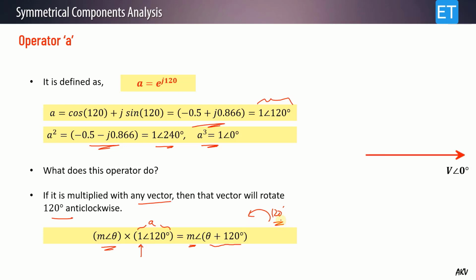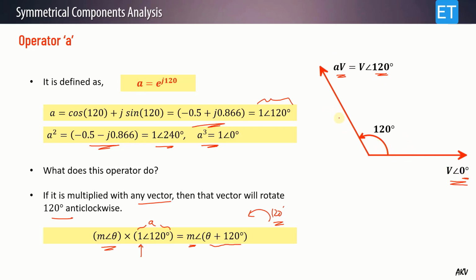Here you can see this in this example. Suppose I have one vector V angle 0, and if I multiply this vector with the operator A, the resultant vector will be this. So that is the AV. Obviously the magnitude will not change because the magnitude of A is 1, but the angle becomes 120 instead of 0.